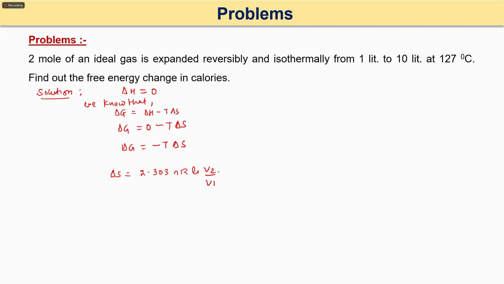So this is the formula for delta S. If you substitute this value over here, you will get delta G is equal to minus 2.303 n into log of V2 by V1.